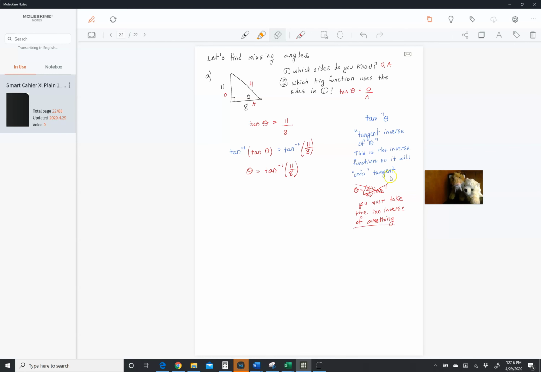So don't ever put the tangent inverse on the other side. Okay, so how do we do this?